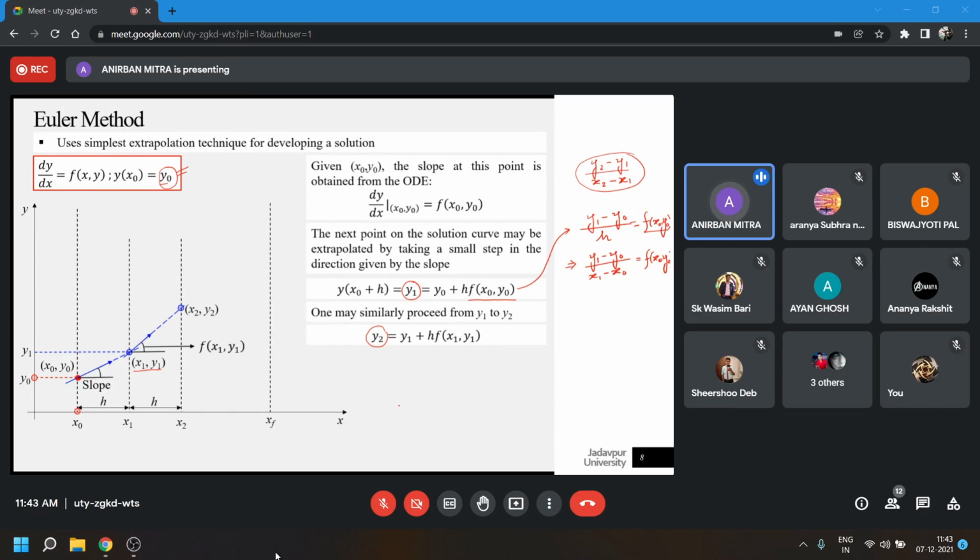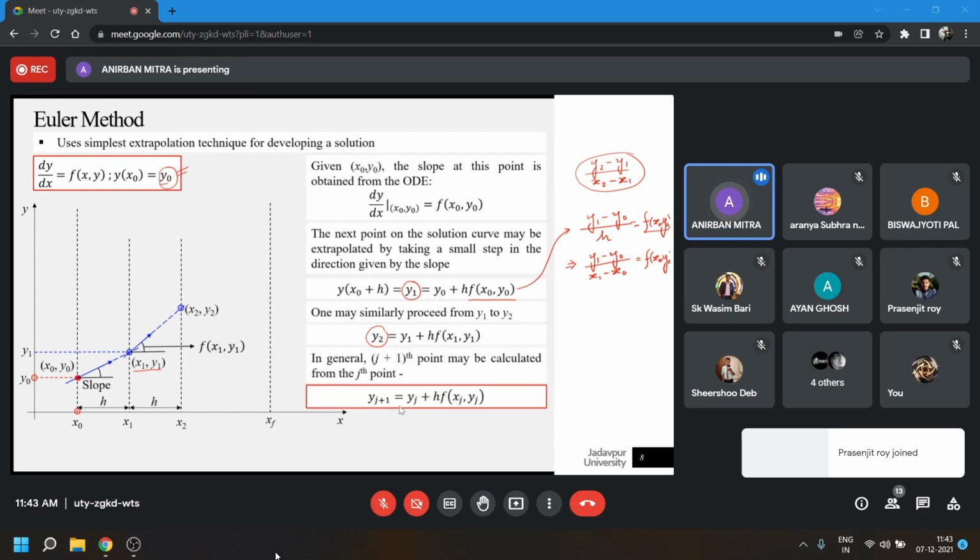So this is a very simple technique that gives us an approximation of the solution. If you have to generalize it for the j plus 1th point, we can write the formula as follows.